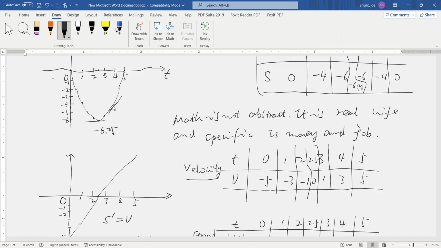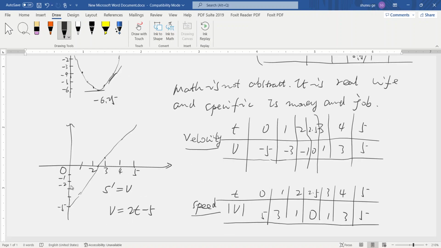And for example, at t equals 4, we take the tangent here. So every slope is a point. We make all the points together, and we make another line: v equals 2t minus 5.